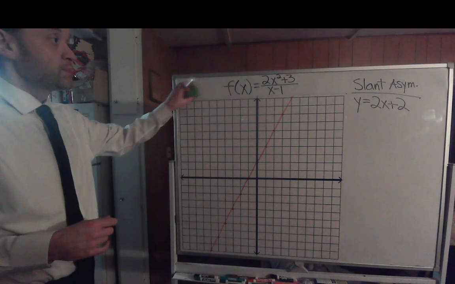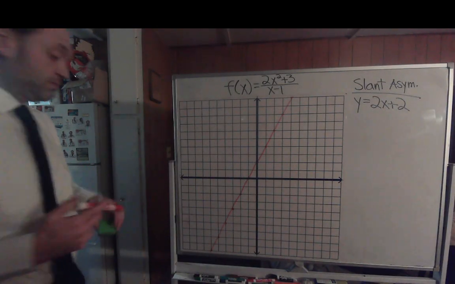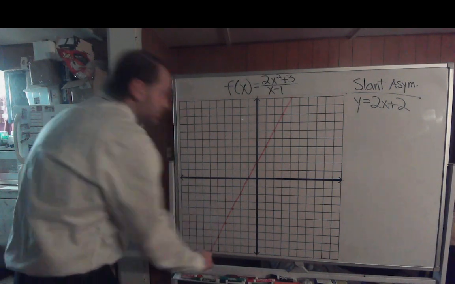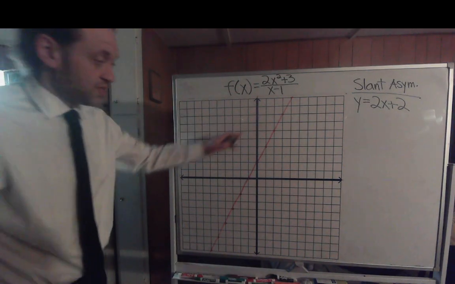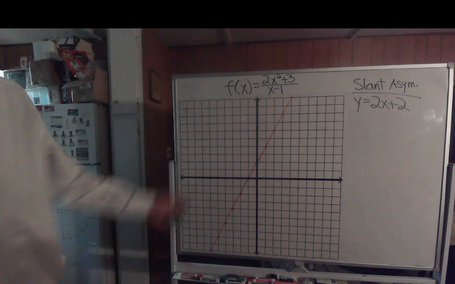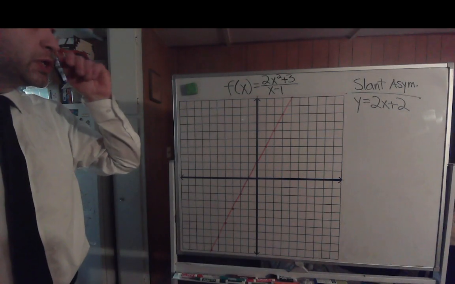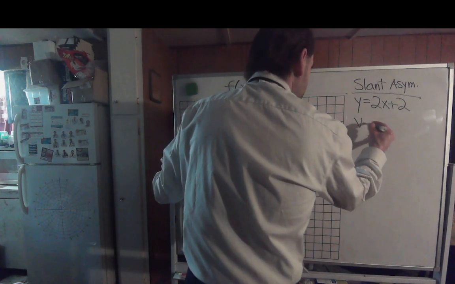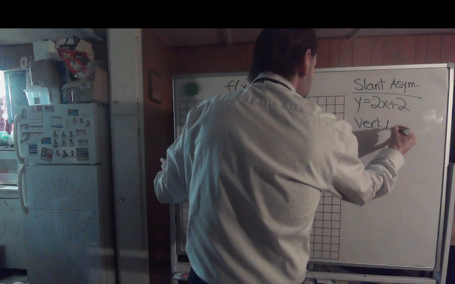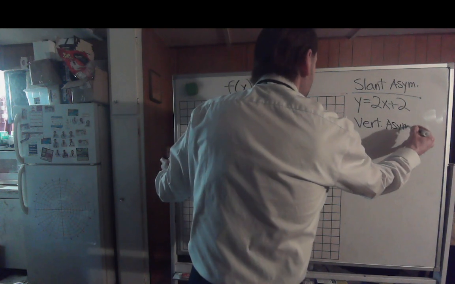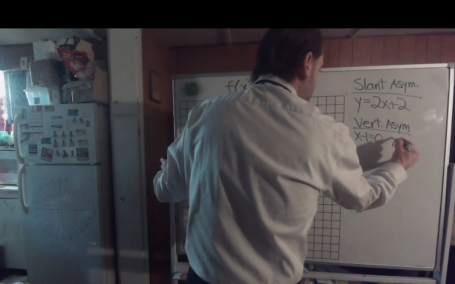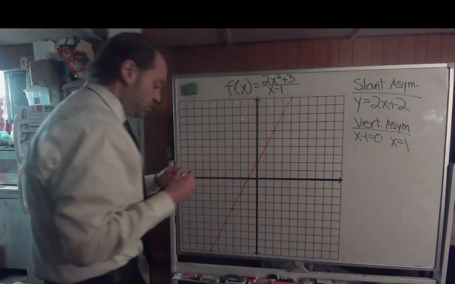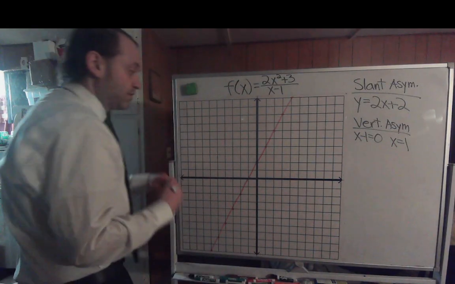Now, we still have the business of a vertical asymptote. So you plot your slant asymptote, and then you're going to find your vertical asymptote, which is simply you set that x minus 1 in the denominator equal to 0. So x minus 1 equals 0. Well, that would give you x equals 1 to be your vertical asymptote.